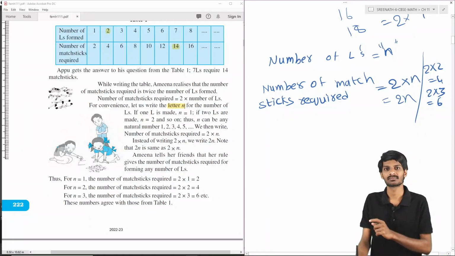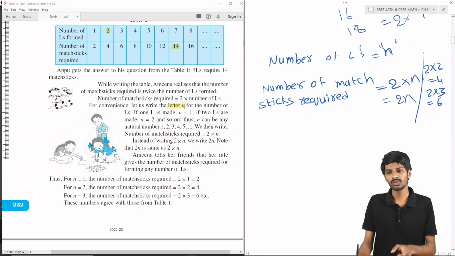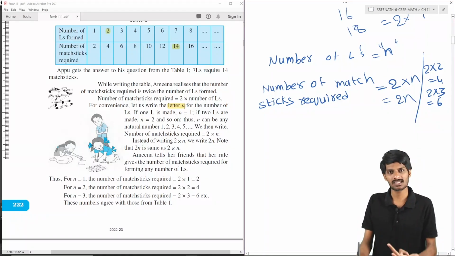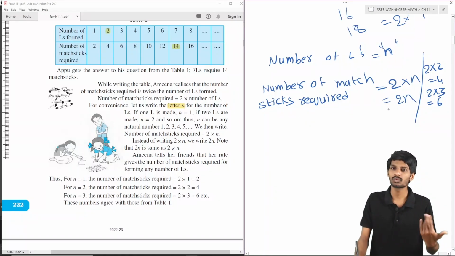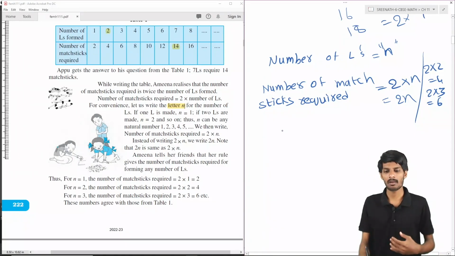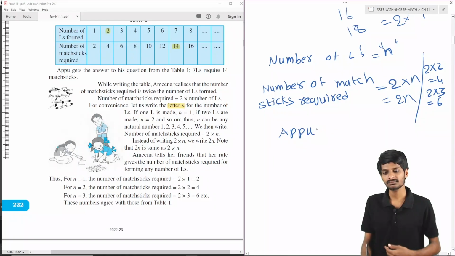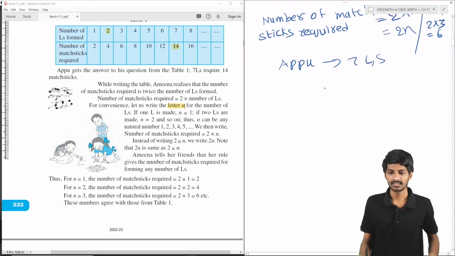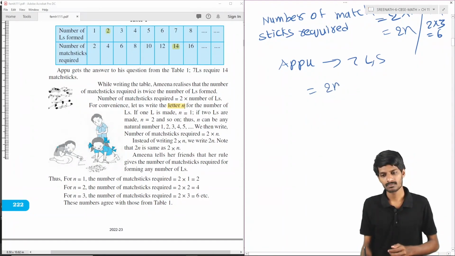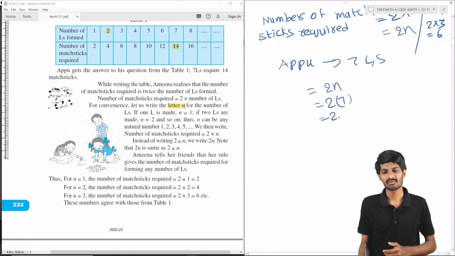So 2 into N and 2N mean the same, multiplying, but we can't simplify it. When can we simplify it? Suppose Appu comes and asks, for 7 L's, how many? In that case, we will say that is 2 into N, that is 2N, that is equal to 2 into 7, which means 2 and 7 are multiplying.